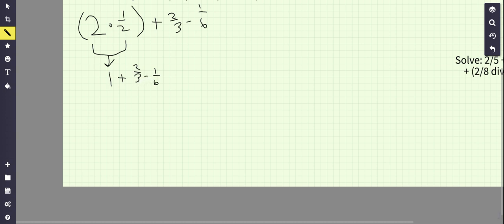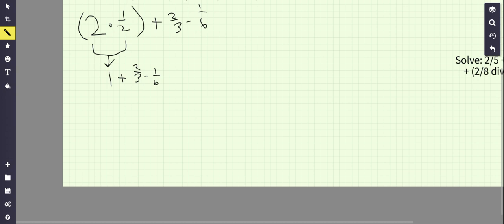Here's a tip: multiplication and division go together, from left to right. Addition and subtraction go together from left to right too, and you don't follow PEMDAS literally at every single step. There's no multiplication first and then division. If there's division before multiplication, do it from left to right. It's the same for addition and subtraction.